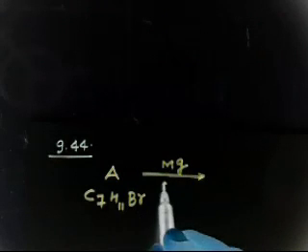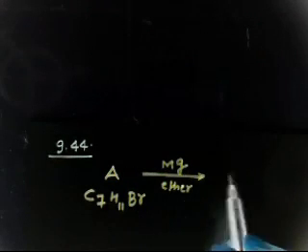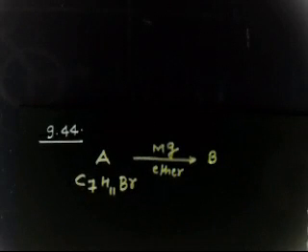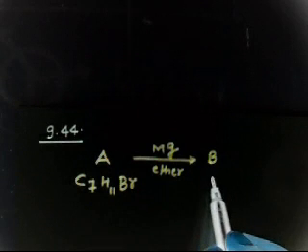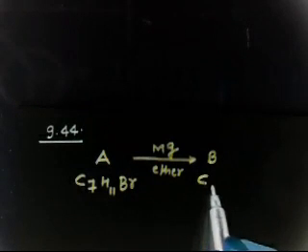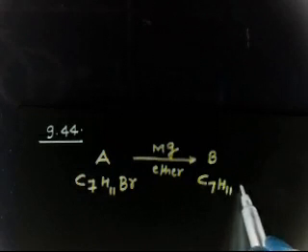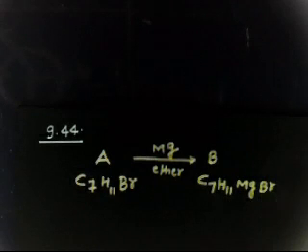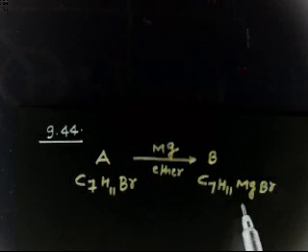It is treated with magnesium in ether to give B. So if I treat A with magnesium in ether as a solvent, it gives B. This is a Grignard reagent because it is reacting with magnesium, and B has a formula C7H11MgBr. This is simple. Mg is simply attached here.